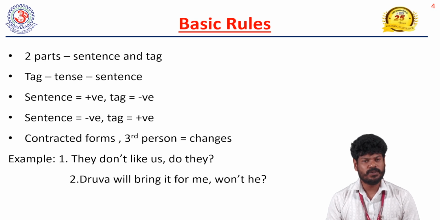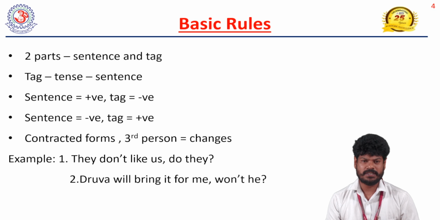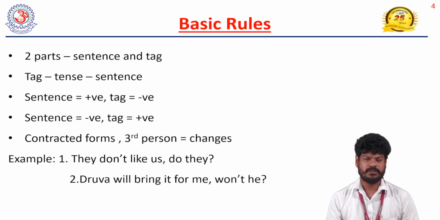And the important rule is that if the sentence is positive, the question tag is negative. And if the sentence is negative, the question tag is positive. And we should always remember that there are no full forms of the words that we write in the question tag. There are only contracted forms.